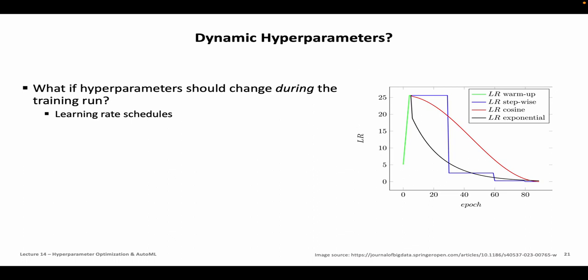The prime example here, of course, is changing learning rates over the number of epochs. And while lots of predefined schedulers are already available, such as the cosine or exponential annealing schedule, you can also optimize learning rate schedules on your own.